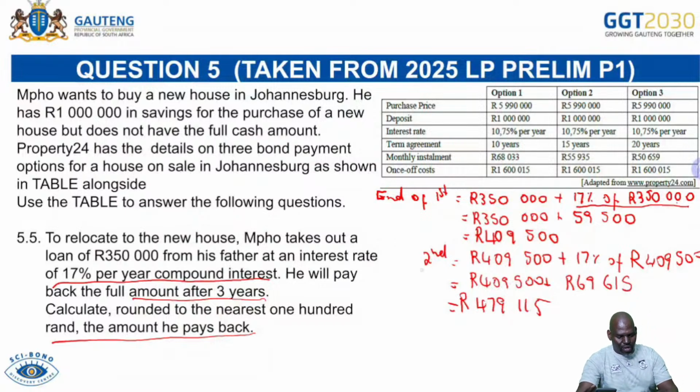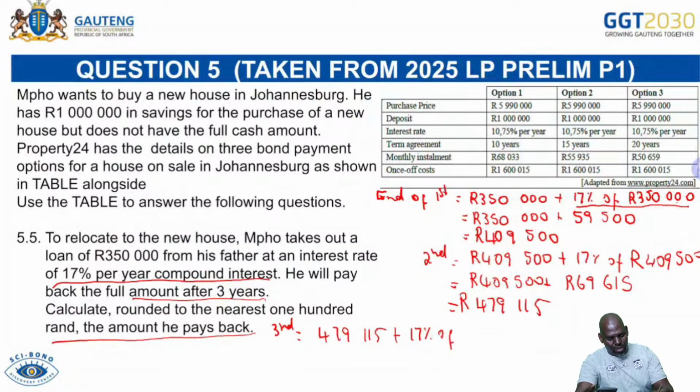And then at the end of the third year, I'm going to write it here. Third year, it's 479,115 plus 17% of the very same amount, 479,115.